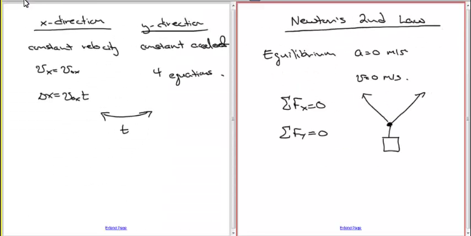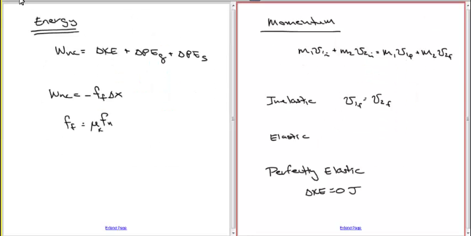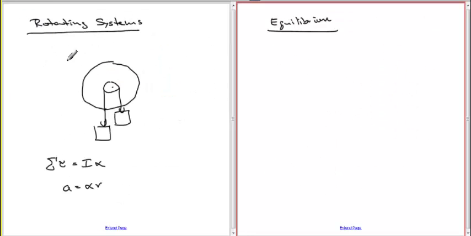Everything was applied at a point in space, whereas once we have taken into account rotation, then we can deal with beams. And so again, make sure you know how to do a beam problem. Hopefully you got it right the first time, and you're also going to get it right the second time when you take your test 4 retake.